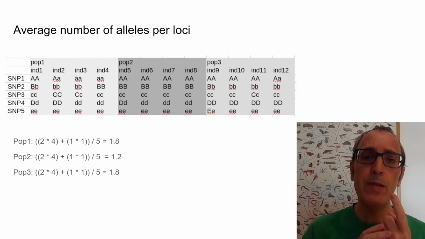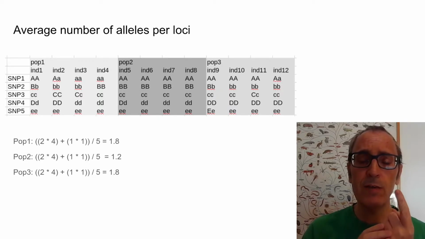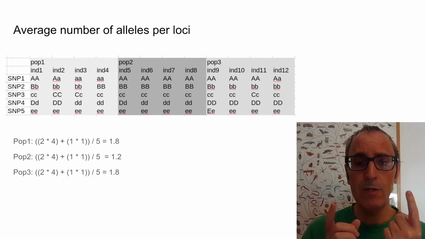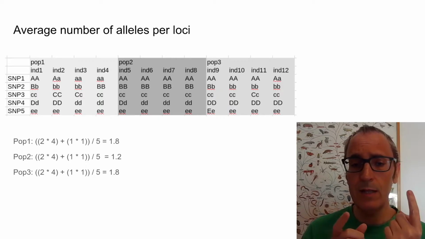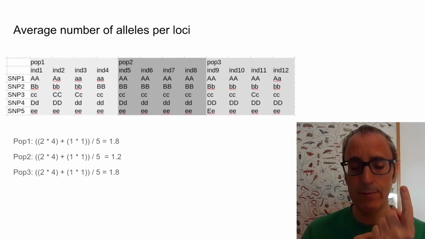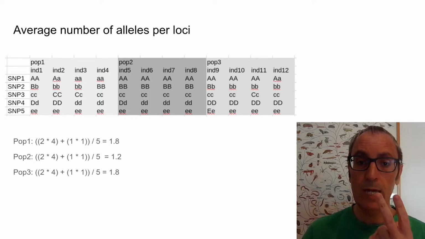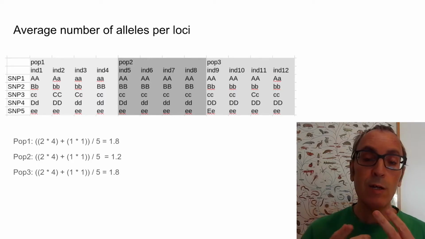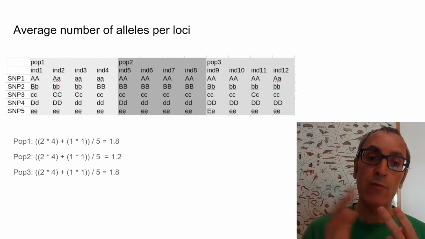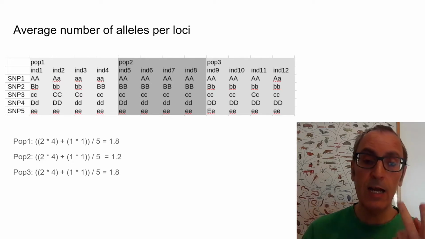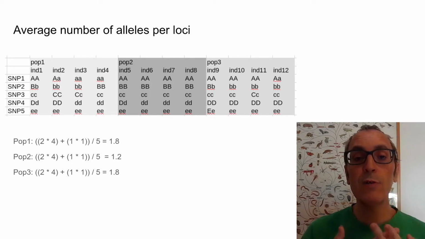Which is the mean number of alleles per locus if all loci in the population are fixed? If we don't have diversity, that would be 1. Now, imagine that we have some loci that have 2 alleles. In that case, we could calculate how many loci we will have with 1 allele, how many with 2, and we could calculate the average.